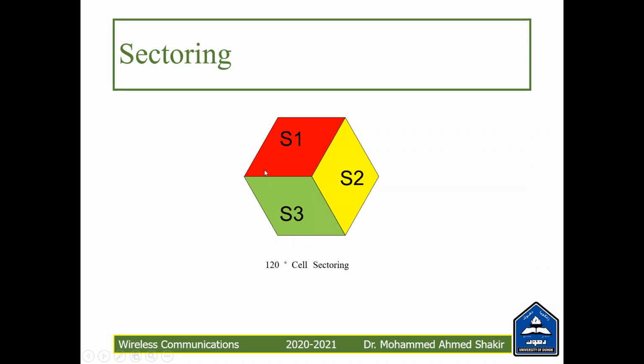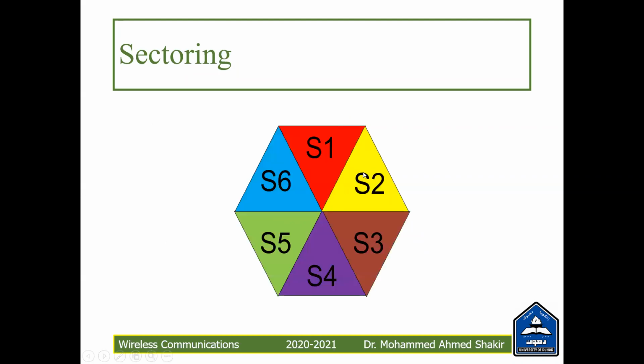As you can see, this is an example of 120-degree sectoring. Each cell will be divided into 3 sectors, S1, S2, and S3. And the whole number of channels assigned to this cell will be divided among the 3 sectors. This is another example, for 6 antennas or 60-degree sectoring.